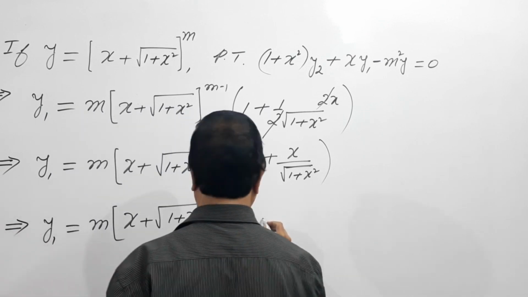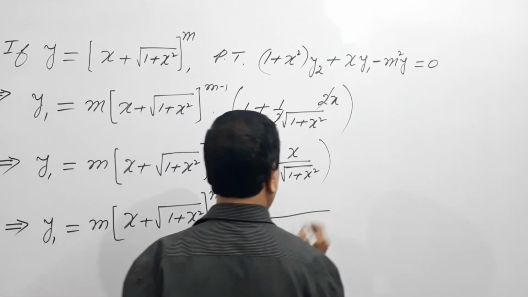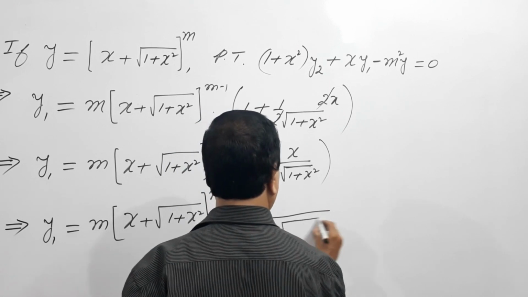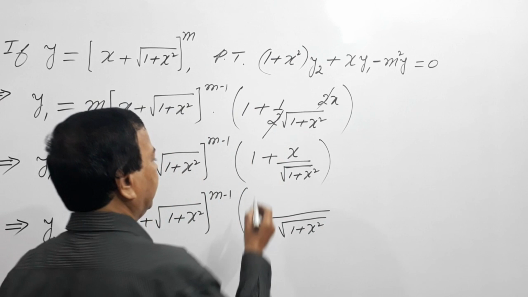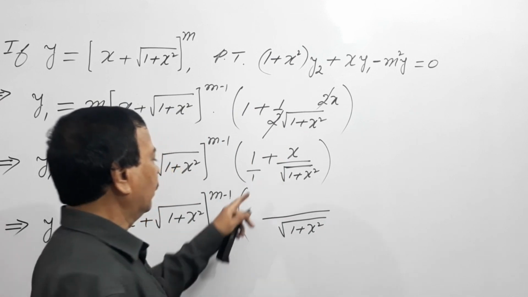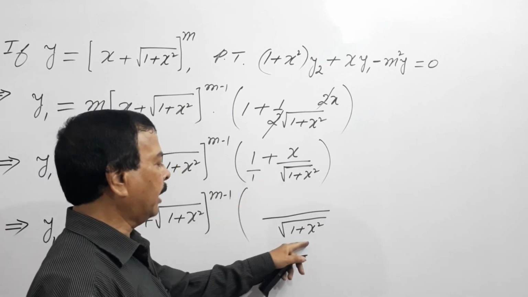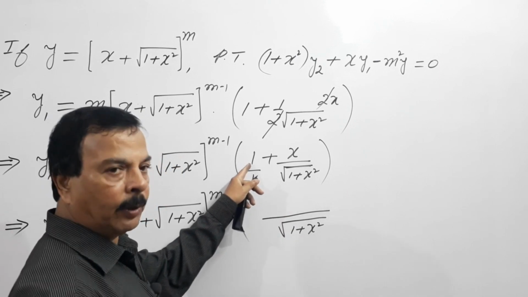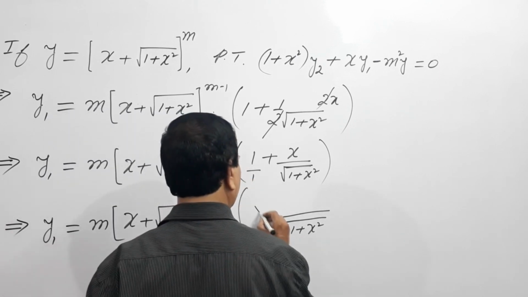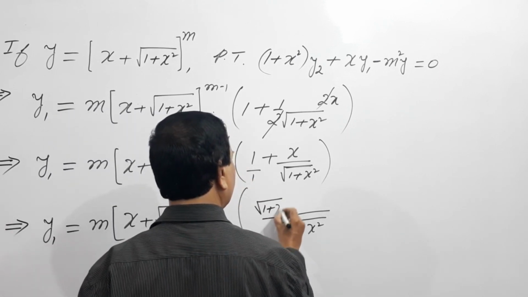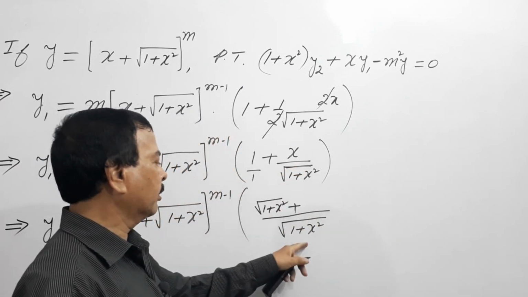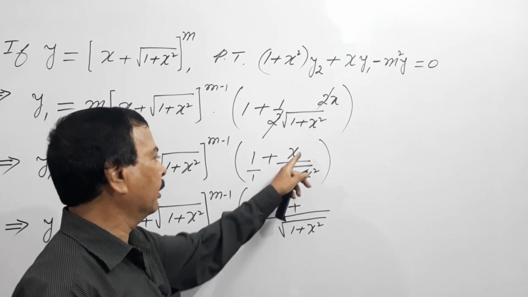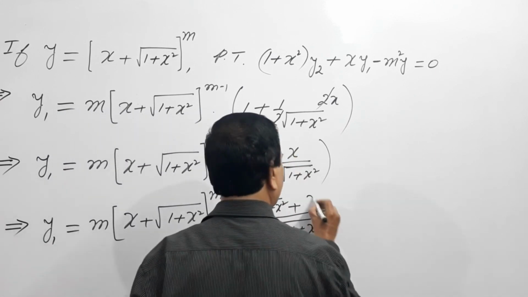The LCM is under the root 1 plus x square. So I take 1, which goes under the root 1 plus x square times 1. This becomes under the root 1 plus x square plus x. You are left with 1 into x, which is x.